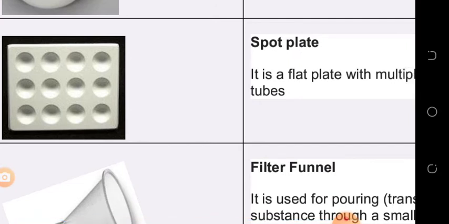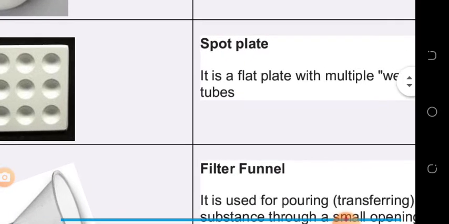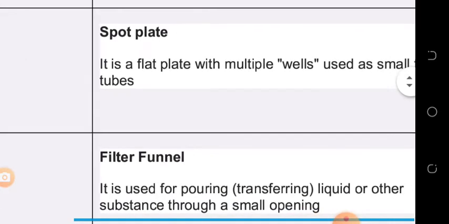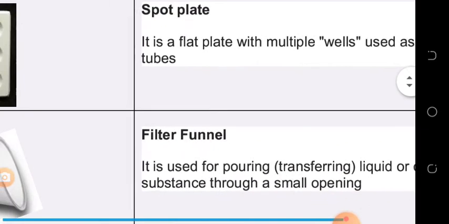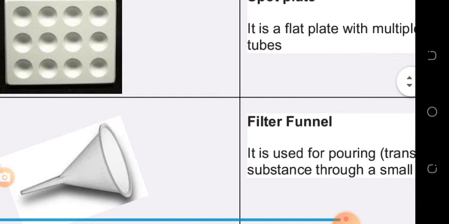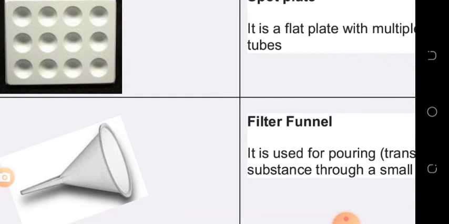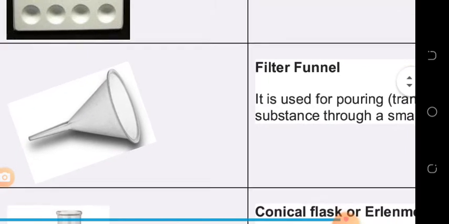Spot plate, a plate with multiple wells, used as small test tubes. So here you can separate the different substances using this flat plate.